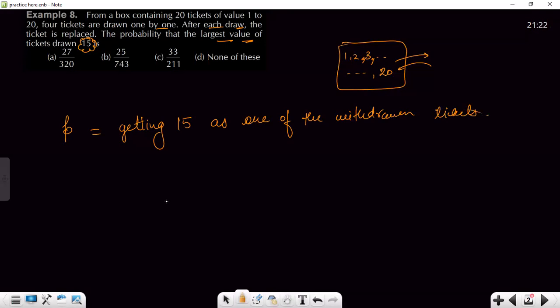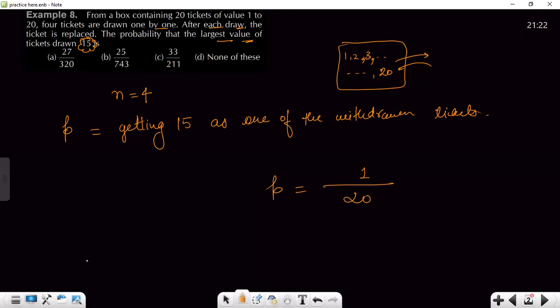Now, what is the probability of getting 15 as a ticket? So how many total tickets are there? 20. How many desirable? We want 15 now. So there is only one ticket with the number 15. So probability becomes 1 by 20. And this event is getting repeated 4 times, like tickets are withdrawn 4 times.